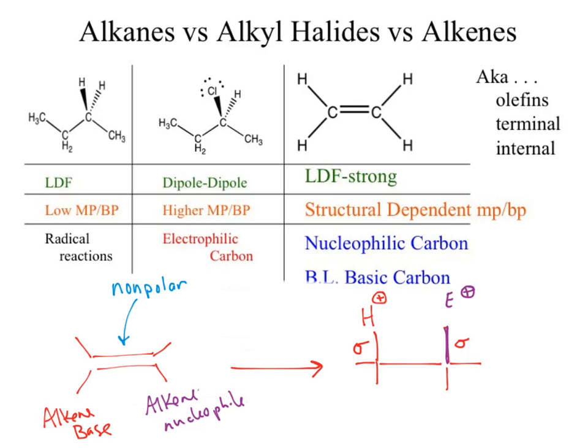Why might it not act as an electrophile? What's the reactivity of the alkene? What makes this structure unstable? The pi bond, the electrons in the pi bond. Why are those electrons more unstable than anything else in that structure?